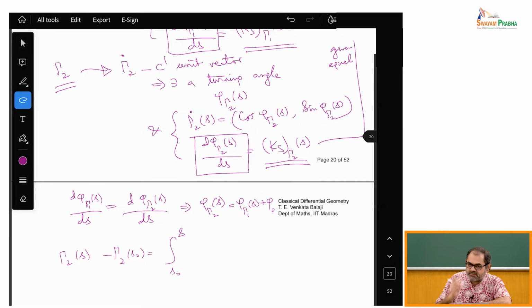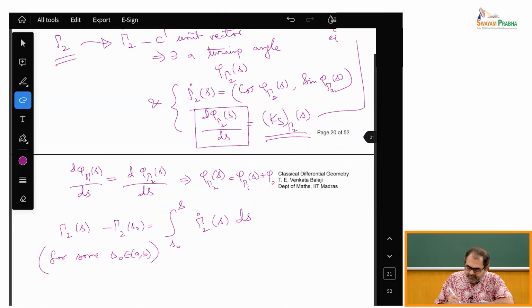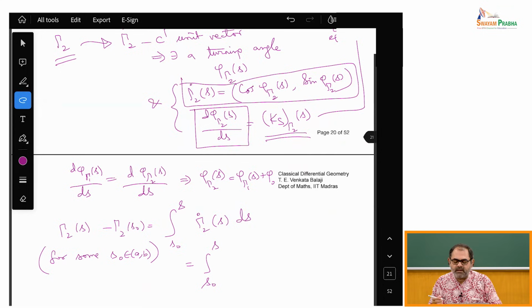You take some fixed point s naught in AB. Then by the fundamental theorem of calculus, gamma 2 of s minus gamma 2 of s naught is the integral from s naught to s of gamma 2 dot of s ds. But gamma 2 dot of s is given by the turning angle: it is just cos phi gamma 2, sin phi gamma 2.